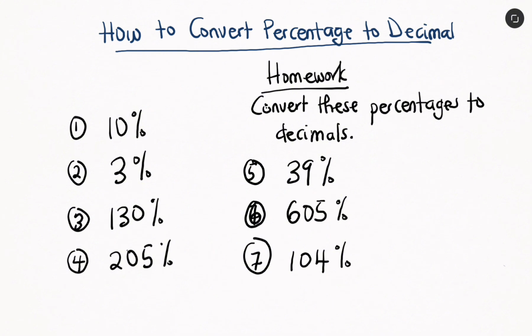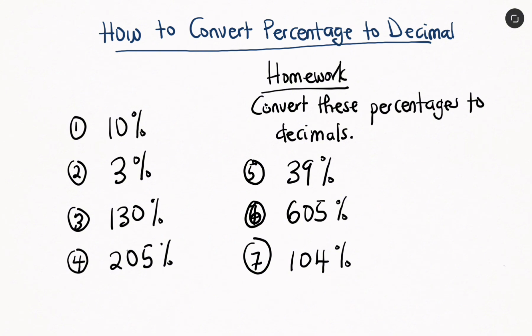Okay, so these are your assignments. So you have to convert these percentages to decimals. We have 1, 10%, 2, 3%, 3, 130%, 4, 205%, 5, 39%, 6, 605%, and lastly 7, 104%.